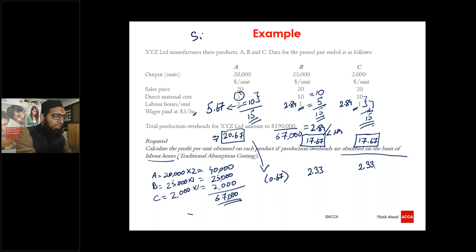So the formula will be selling price minus cost. So for that, I had calculated the cost per unit. And for cost per unit, we have been provided with the material and labor hours. So if I multiply the labor hour with the hourly rate, I get the labor cost per unit. And when I add the material cost per unit, my answer is $15 for product A.